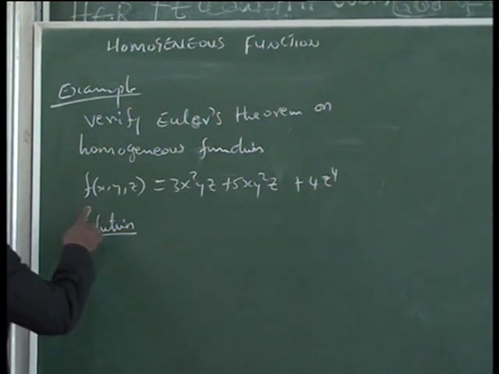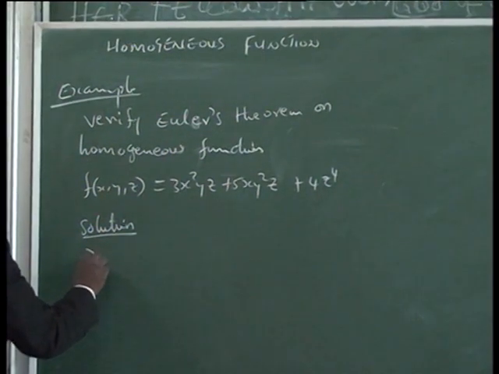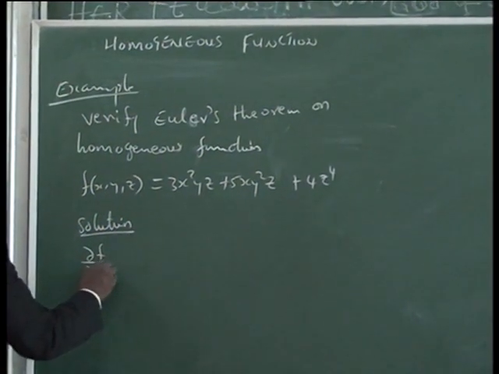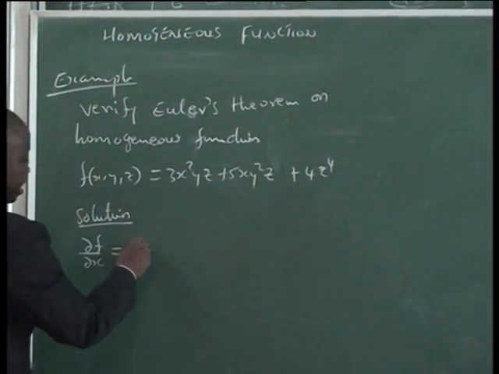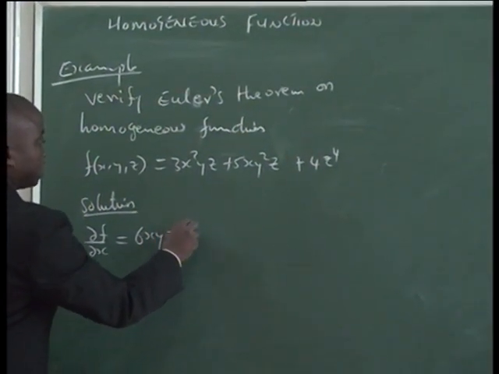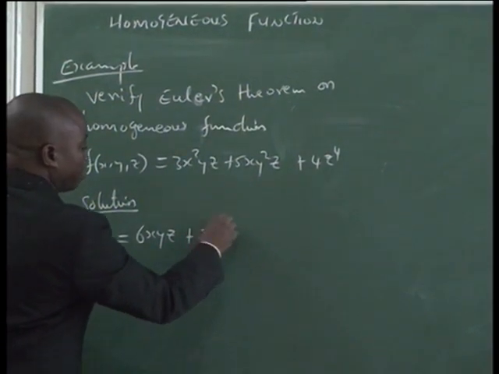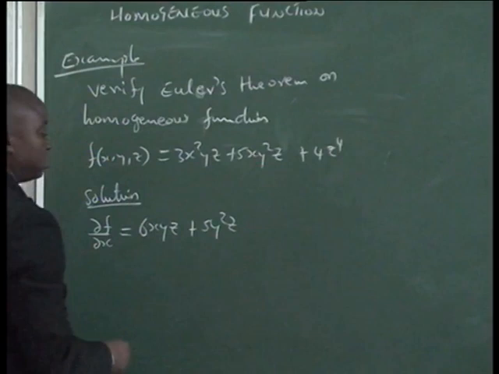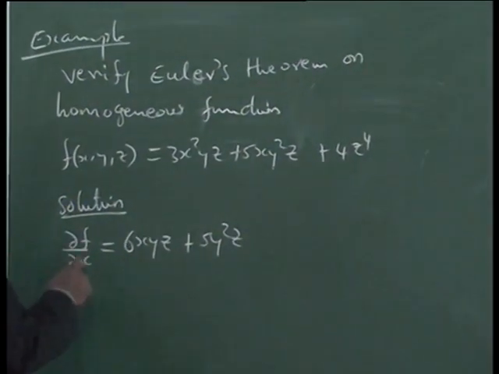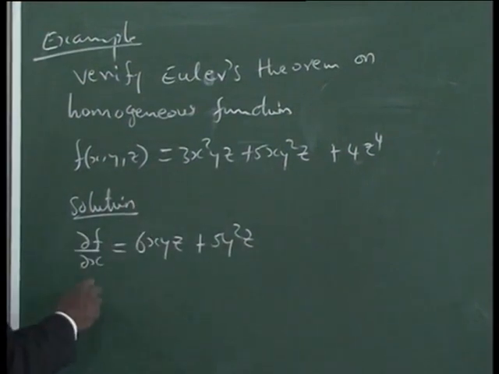We have f of x, y, z equal this. Now partial f, partial x. You know that partial f, partial x is 6xyz plus 5y squared z. This time there is no x, so from here and here.